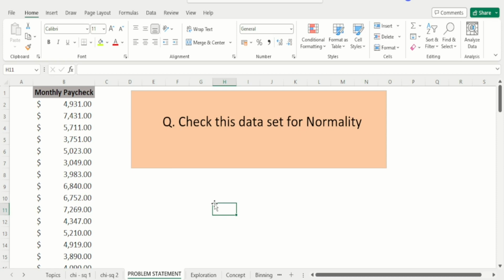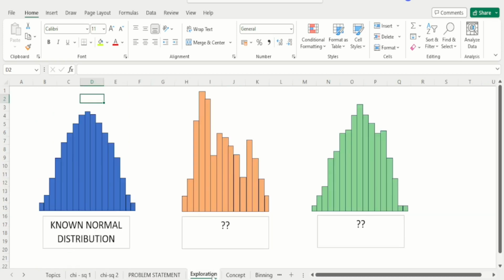So what exactly is a chi-square goodness of fit test and how is it applicable? So let's try and understand that. Consider these following three distributions that you have on the screen right now. Assuming that all these three distributions have the same mean and the same standard deviation.